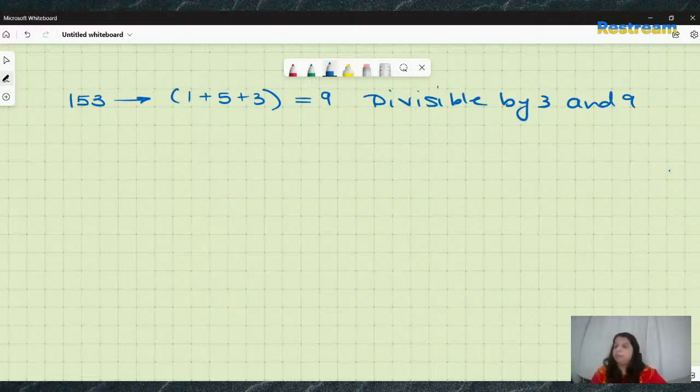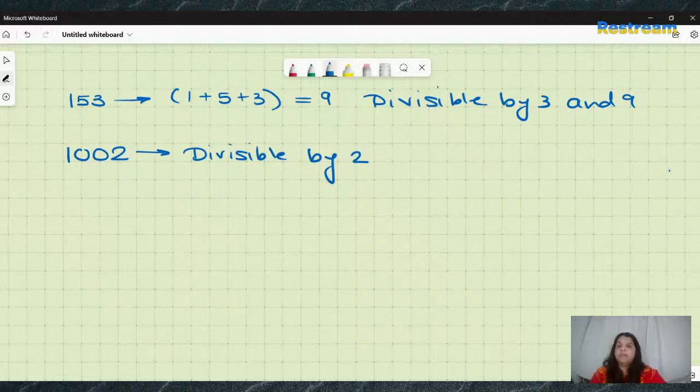Let's take a bigger number, let's say 1002. Now I know it is divisible by 2. Why? Because it is an even number. Now let's see whether it is divisible by 3.